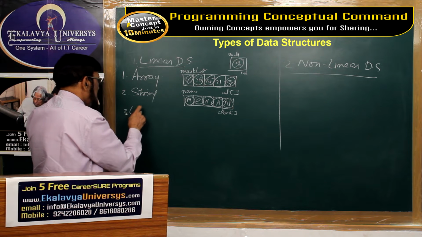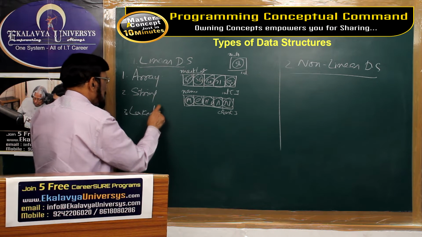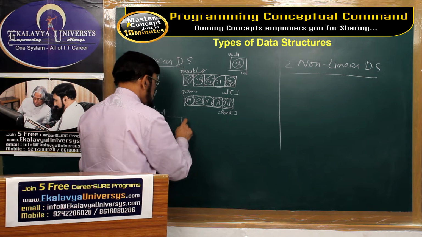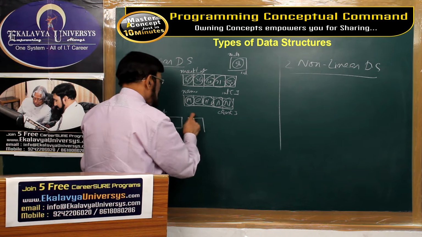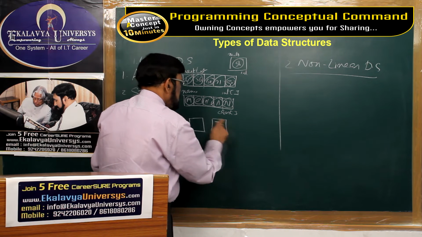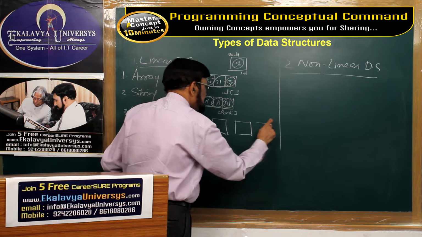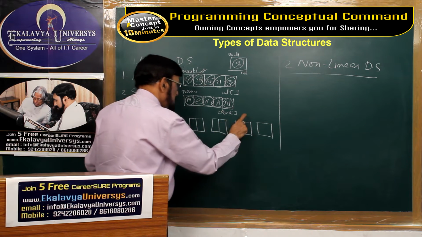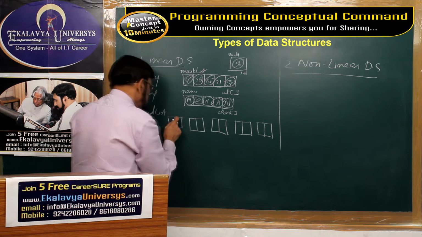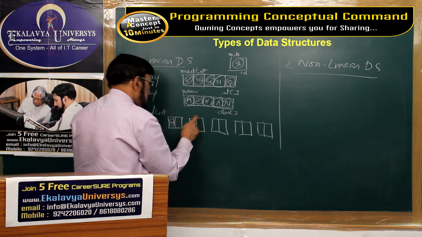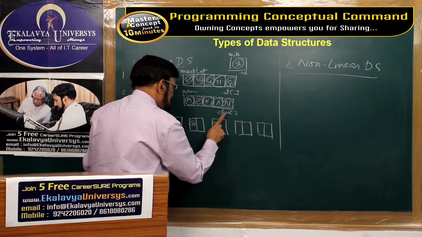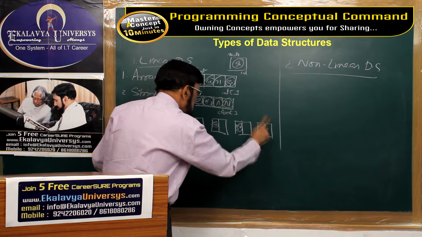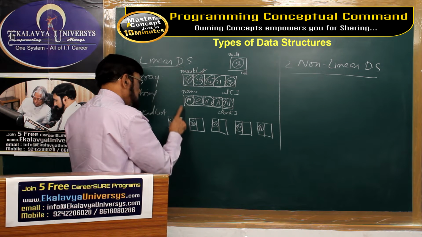Third one, linked list. This is also like an array, but there is some difference that we have to understand. Here these are called nodes. Each node is divided into 2 elements. Here we can store data: 10, 30, 20, 90, 11, etc. Here one address we store.